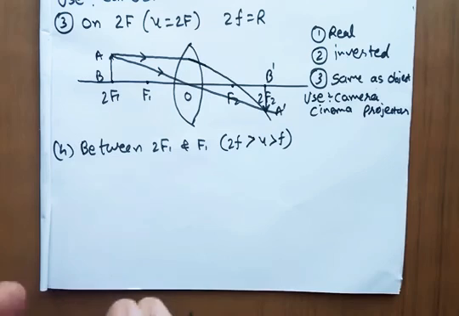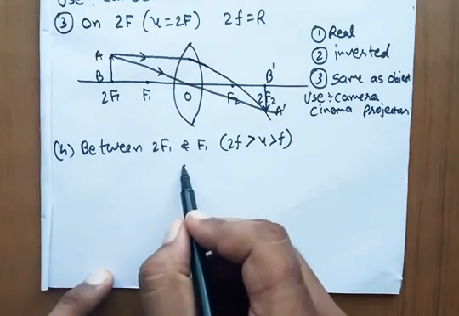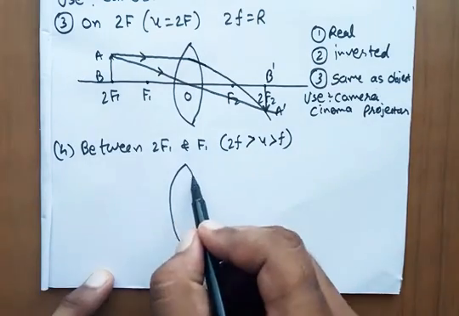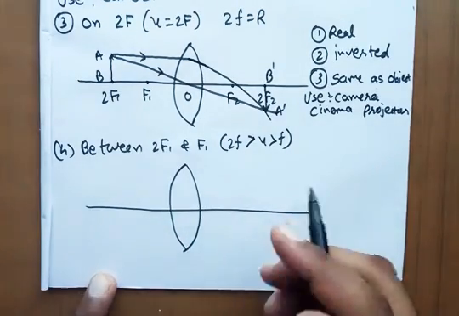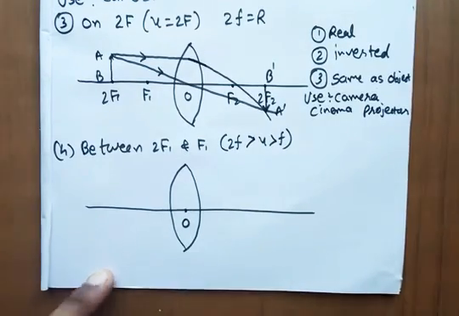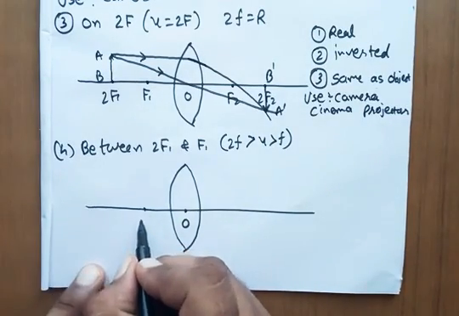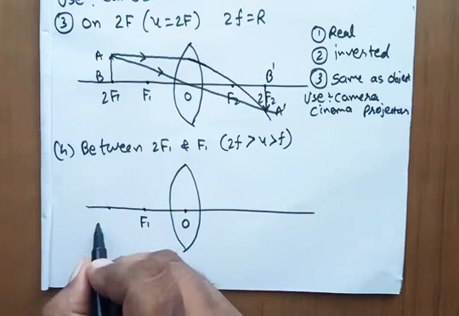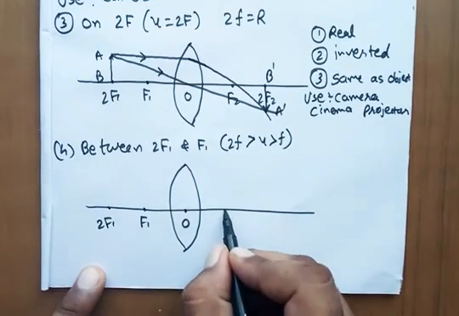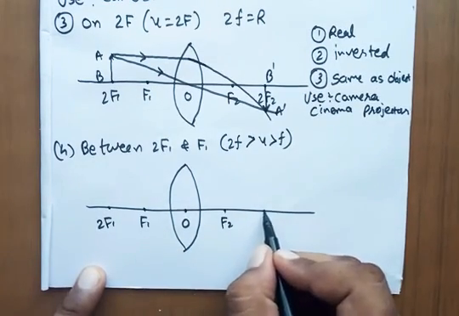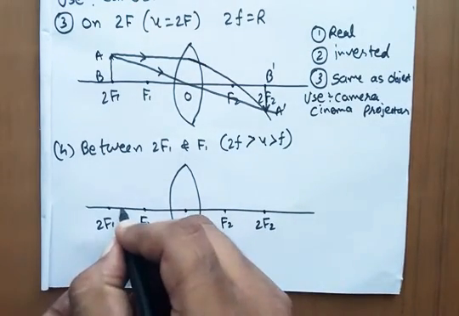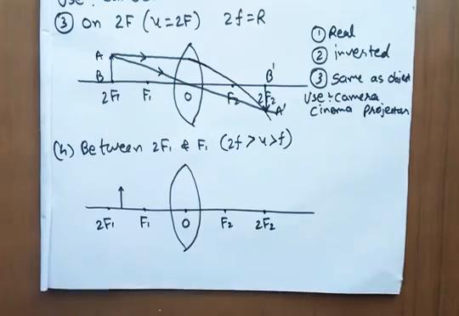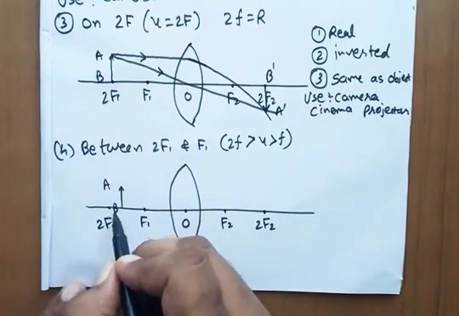So u is in between 2f and f. Okay, now again I am drawing the lens. This is the principal axis, we know it. Okay, it will be O. Now this is f1, this is 2f1, this is f2, and this is 2f2. Okay, now the object is in between here, so this is my A, this is B.